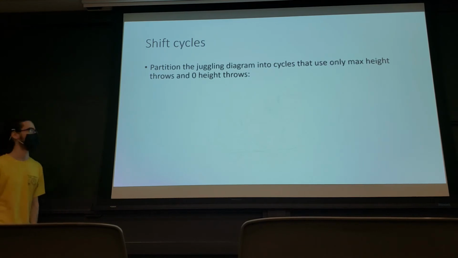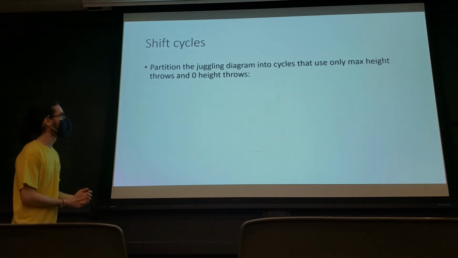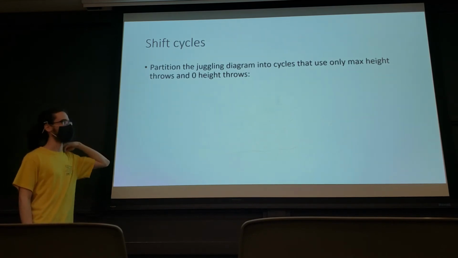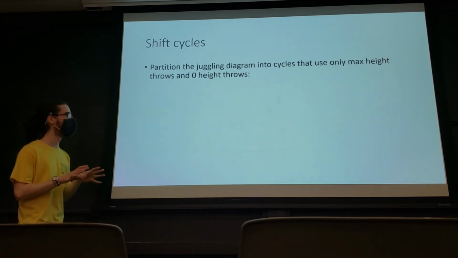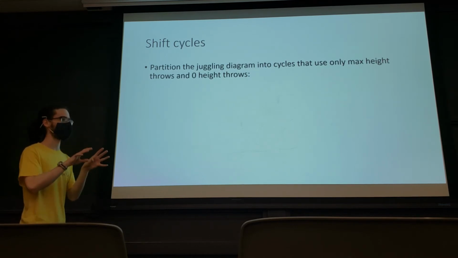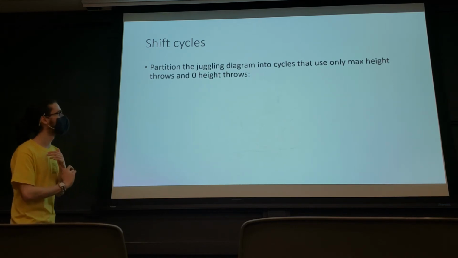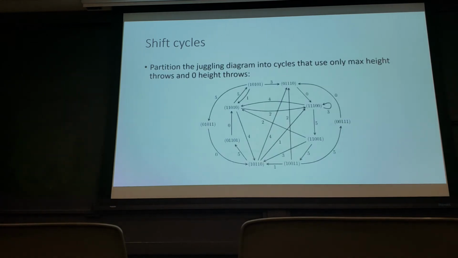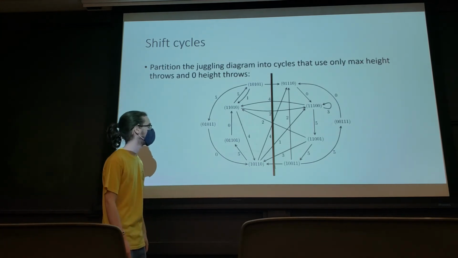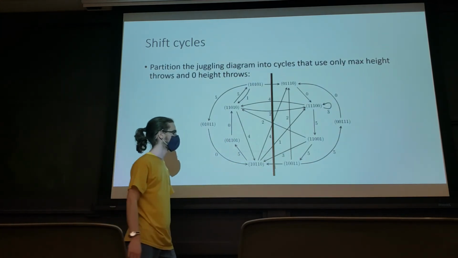So here's how to do it. If you take the juggling graph, we partition it into cycles, and within each cycle, we want all the throws to be either max height or 0. For this juggling diagram, it has these two shift cycles, is what they're called.